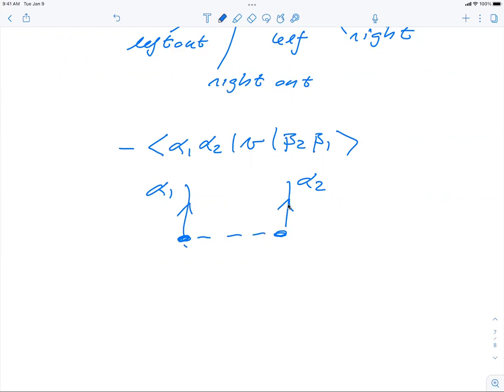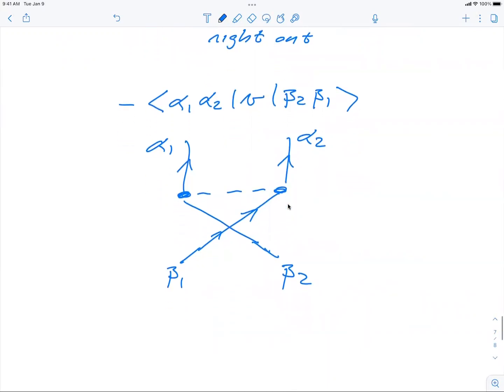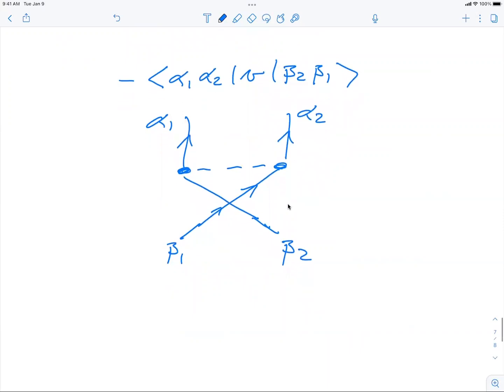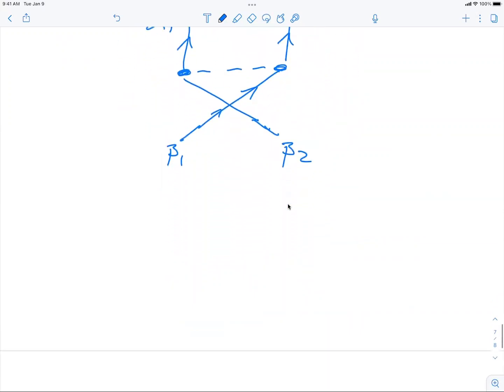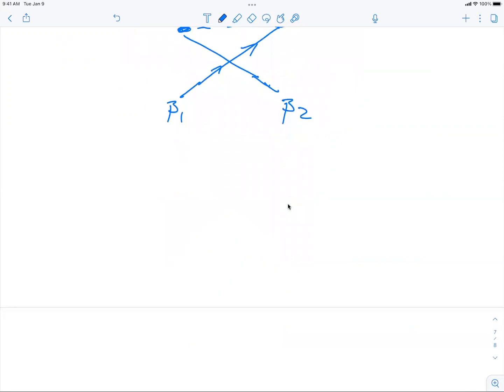And then, since we now interchanged beta 1 and beta 2, this would be written like this. So we would still have beta 1 coming in and beta 2 coming in, but then they interchange at the positions at the vertices. They get contracted with just the interchanged creation operators. And diagrammatically, we simply write it like this. And then finally, we would have the matrix element, which went like alpha 2, alpha 1 of V of beta 2, beta 1.